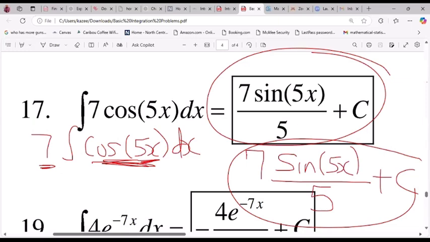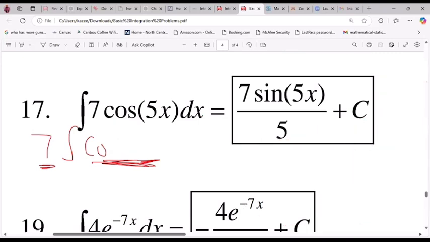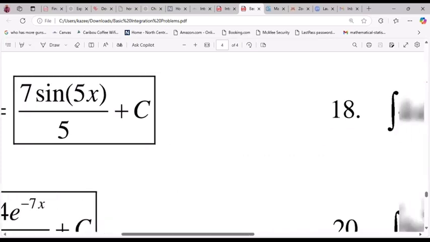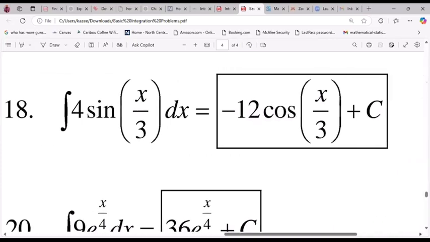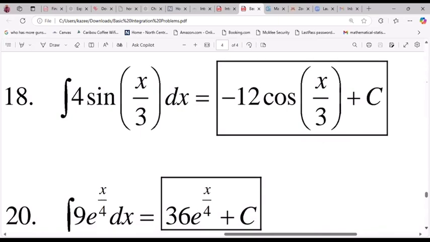Okay, so the next thing I'm going to do is, I think I've been able to integrate that trigonometric function. So I'm going to do this one now. Take a look at this. I want to attempt this guy now.